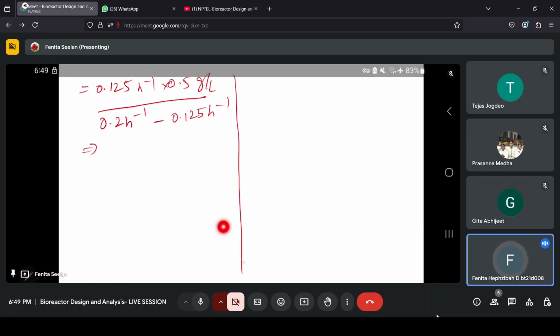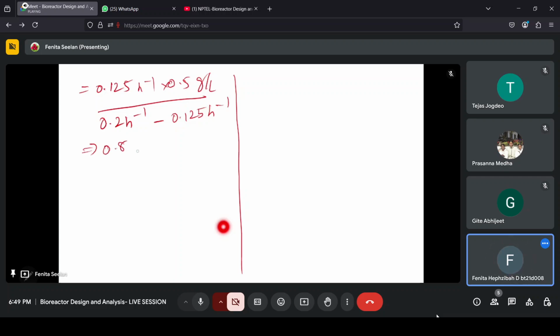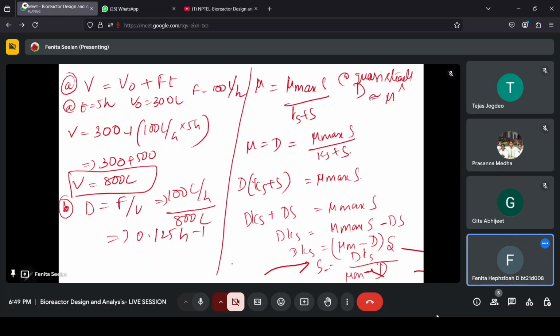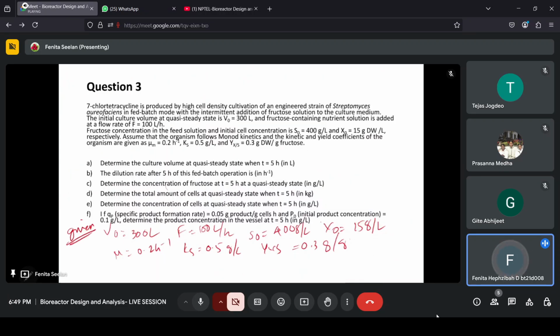If we substitute, the answer is around 0.83 gram per liter. This is the concentration of fructose at time equal to 5 hours considering quasi steady state.